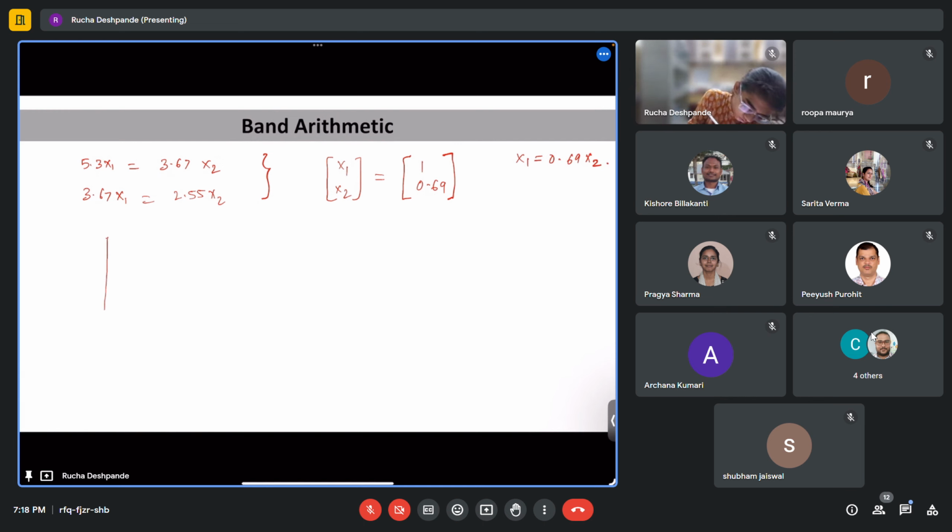So here, after the transformation, suppose this is my band 1 and this is band 2. This equation, if we plot it, will pass through the origin and we have 0.69 times x2.